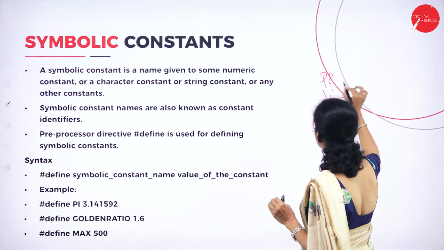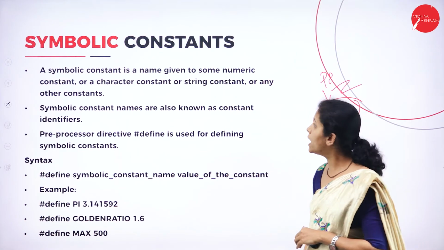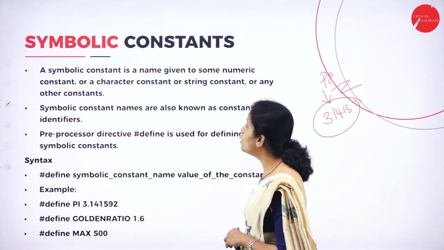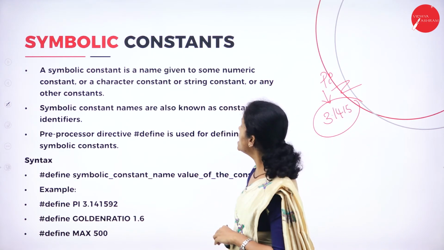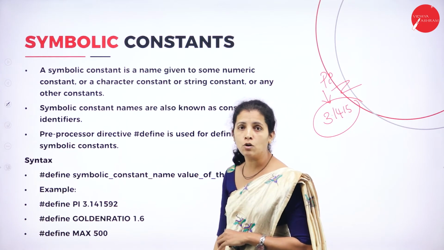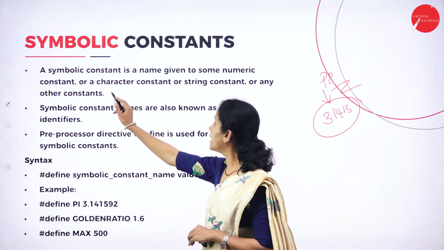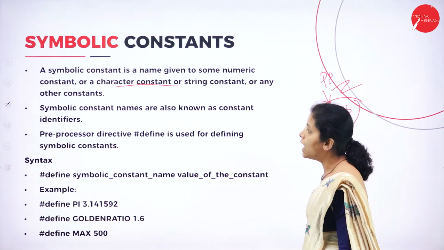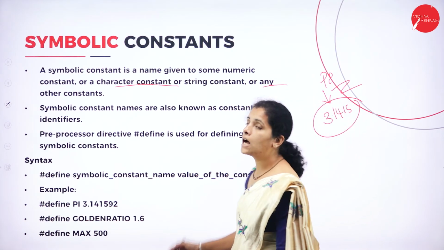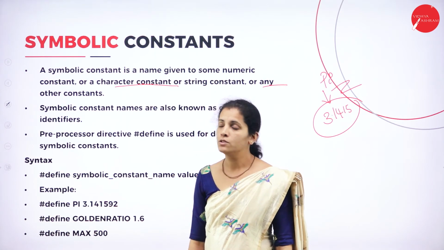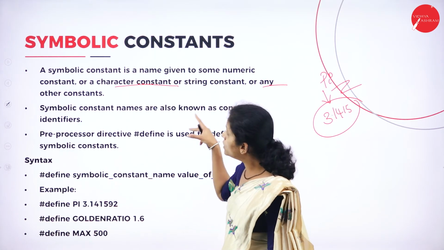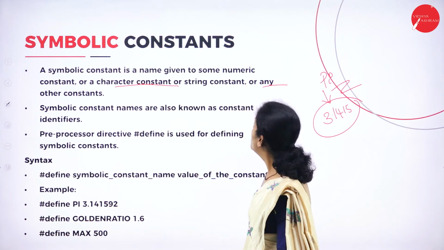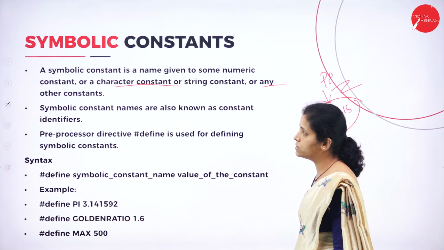And this kind of declaration is known as a symbolic constant. So, a symbolic constant is a name given to some numeric constant or a character constant or a string constant and any other constants.